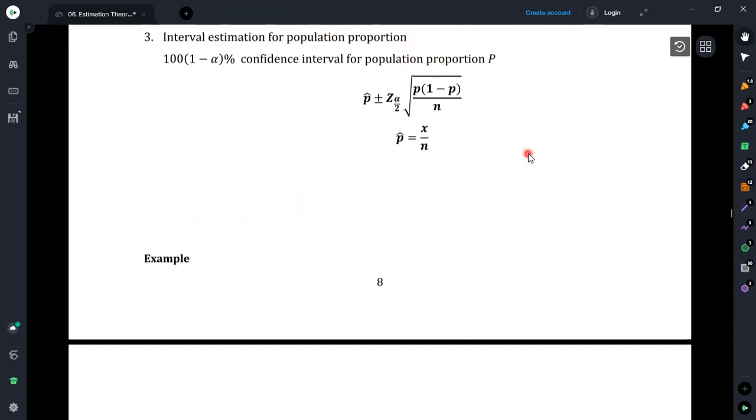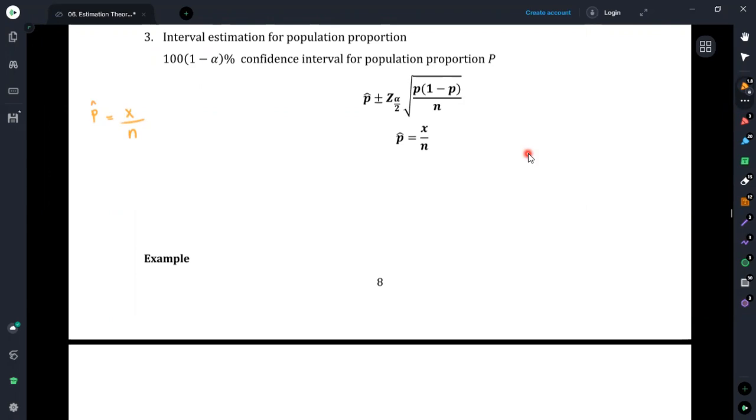Proportion, as we all know, is this: if you have x number of items in a particular category, then the proportion of the particular category can be defined as p, and since it is estimated, we use p hat, where x is the number of elements in the particular category, divided by n, where n is the total number of observations in the data set, or the total number of observations considered for the survey.